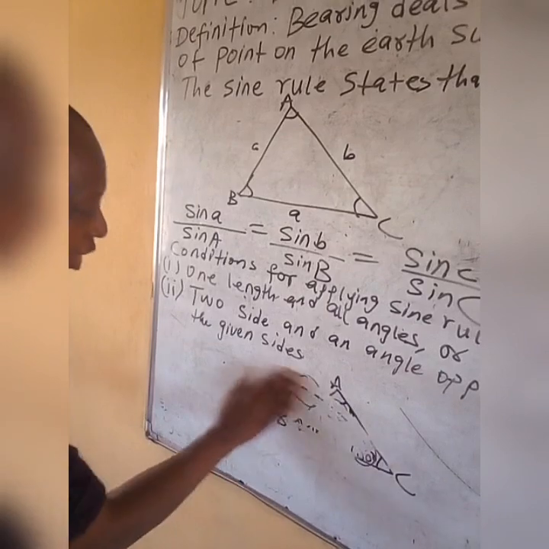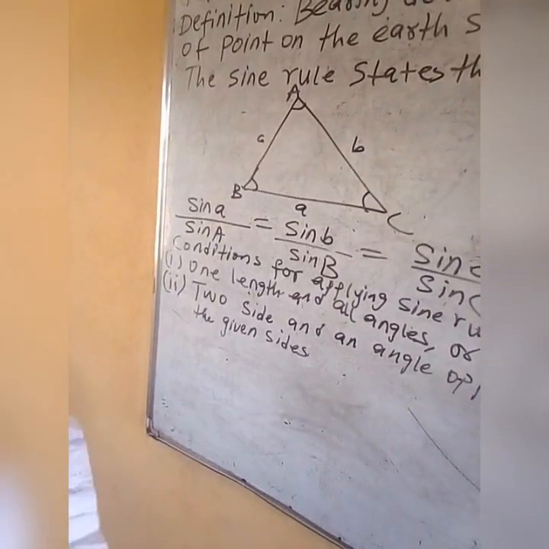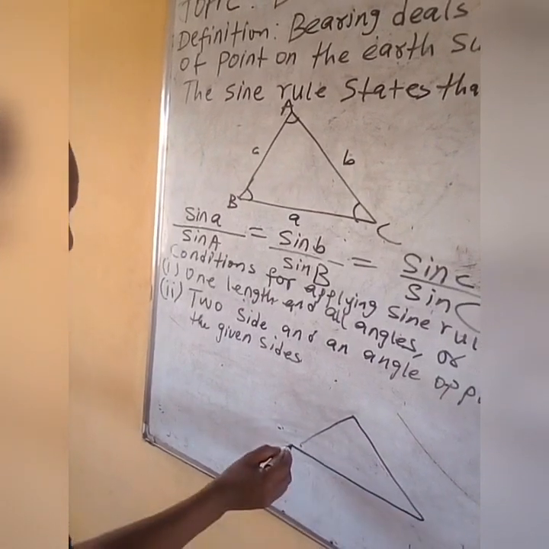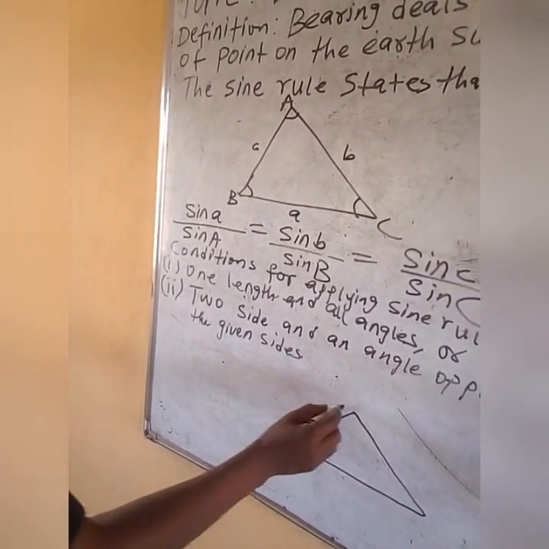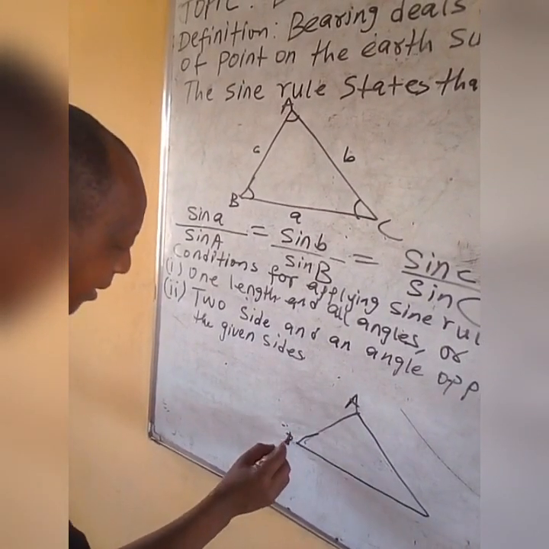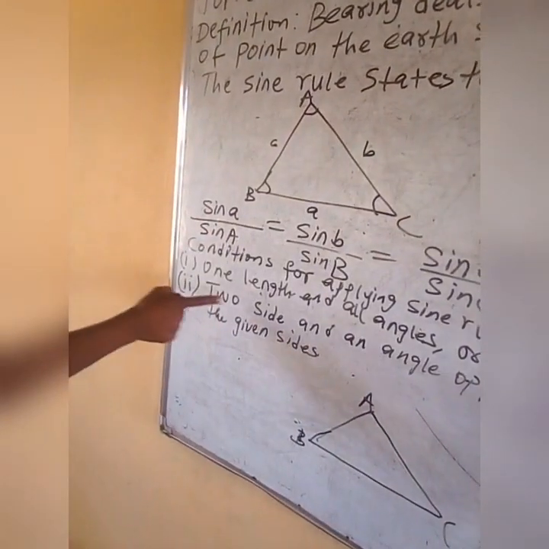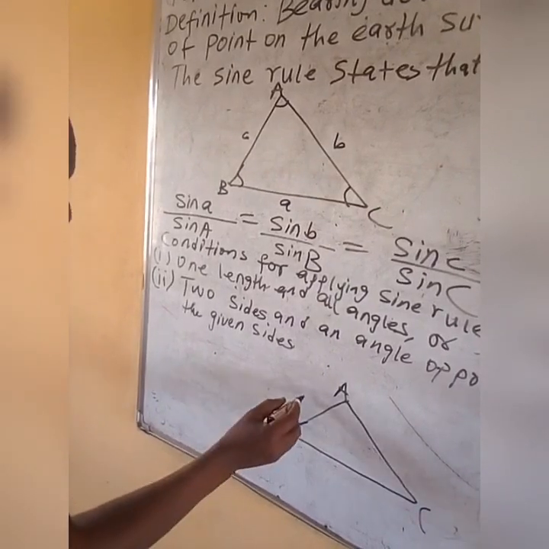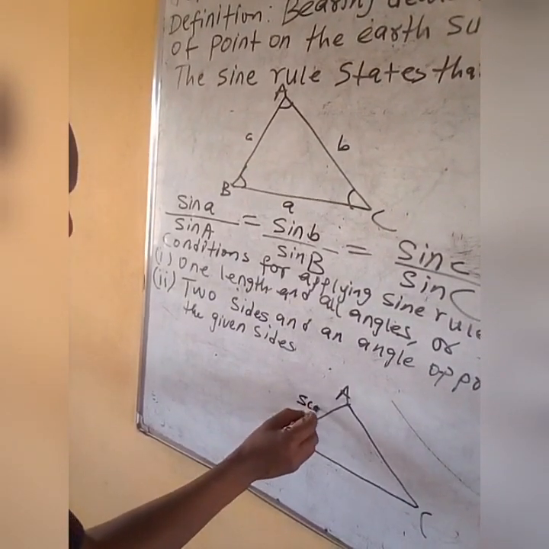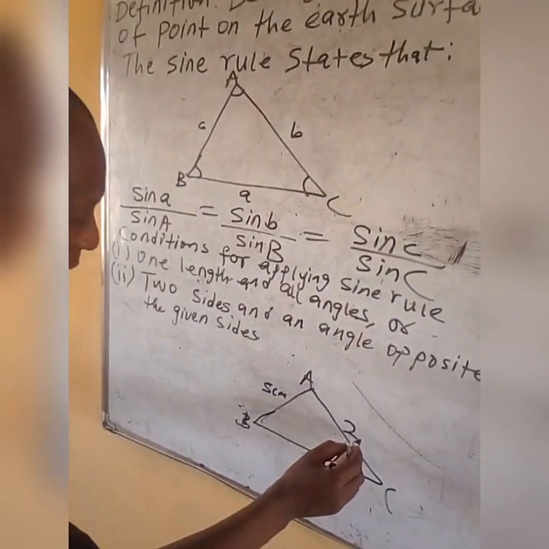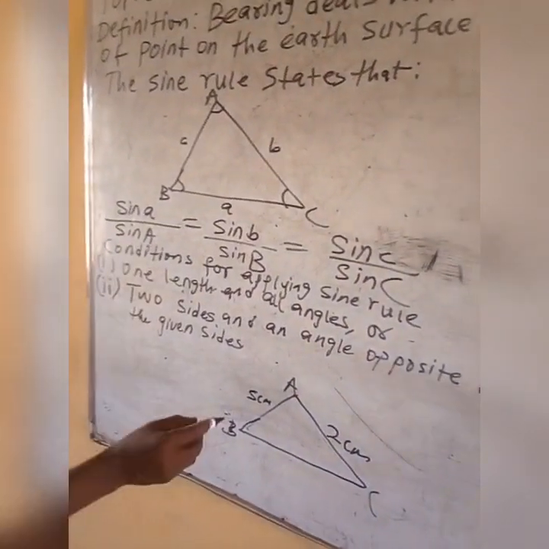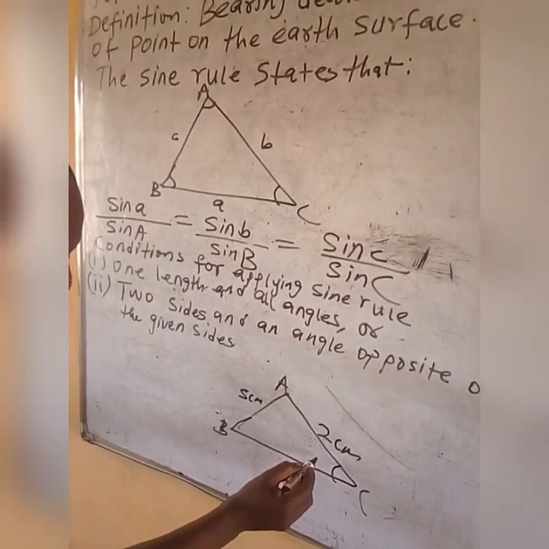Then for the second condition, if this is the triangle, let me assume this is A, B, C. Look at the condition: two sides and an angle. For instance, this is given 5 cm, maybe 2 cm, and an angle opposite one of the given sides, maybe 50 degrees.